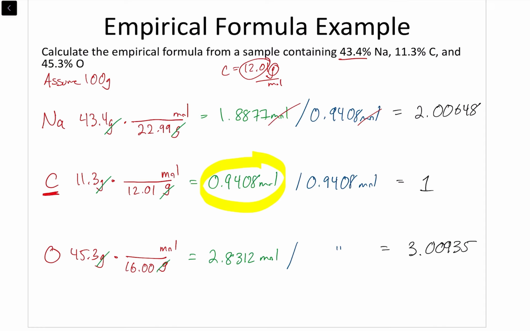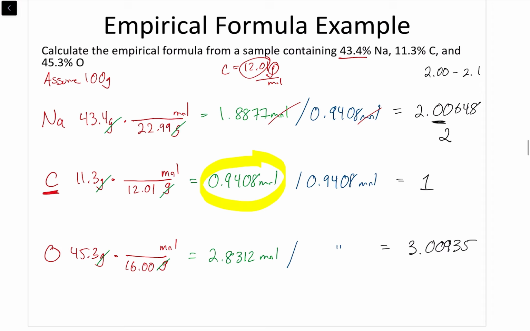Now, in cases where these are really, really close, so anything, for example, between like 2.00 and 2.1, we can round this down. Okay, so we can round this down, and that certainly falls into that category. So we're going to round this down into 2.